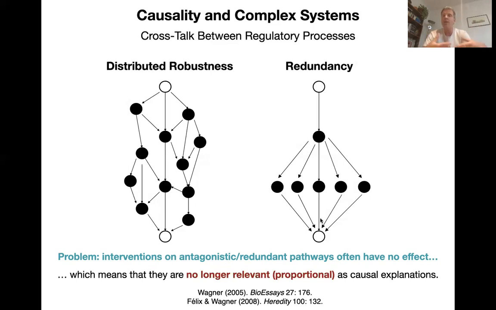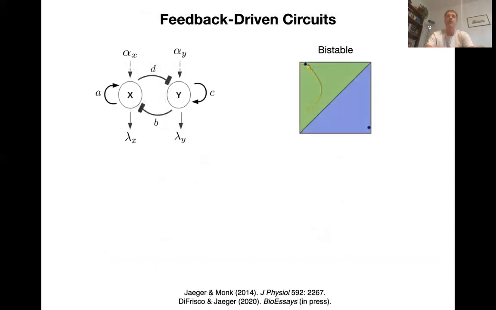So in a way, they are not relevant to the explanation of systems level behavior. Okay, so these genetic causes in these systems are relevant and specific at the gene expression level, but not at the systems level.